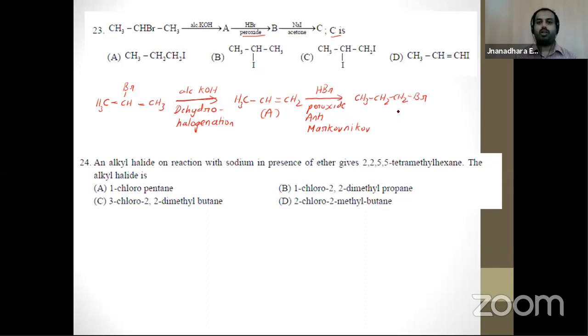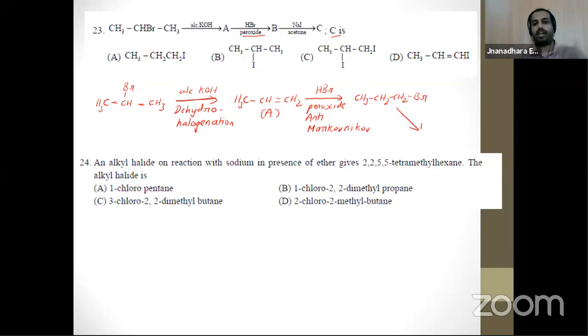Good. Now, last reaction. Please name the last reaction, that is B to C. Which reaction converts B to C? Srinivas says Swarts reaction. Is it the Swarts reaction, or is it Finkelstein? Yes, Rashmika and Pallavi, it's the Finkelstein reaction. The Swarts reaction is for fluorides, and the Finkelstein reaction is for iodides, so as not to get confused.